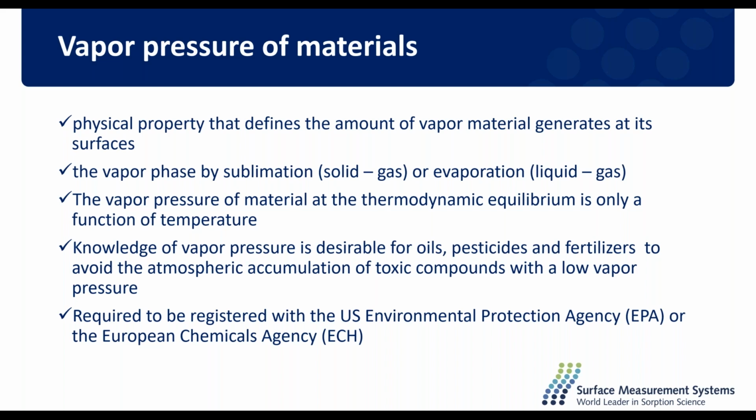It is generally required by the EPA and the ECHA, but also to understand the process side, for example the way oils or solvents volatilize inside a process. So it is generally a base material property, but it is desirable and required in many applications.